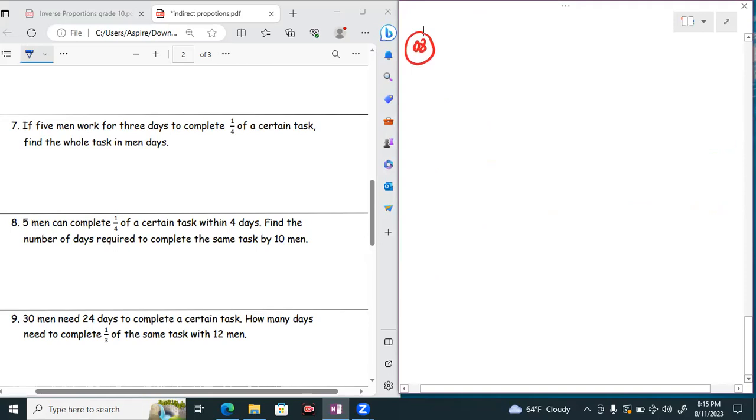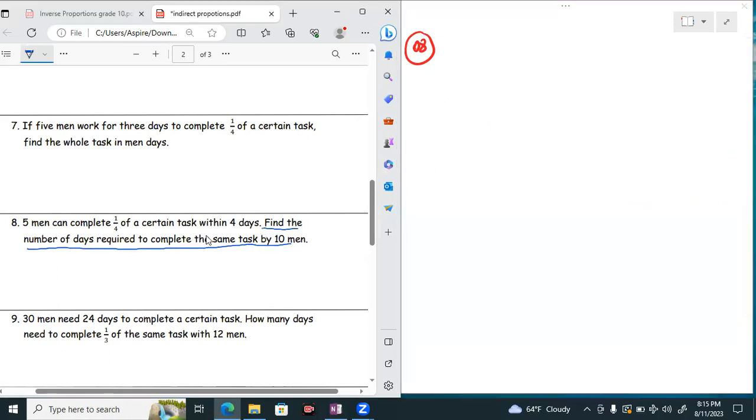5 men can complete 1/4 of a certain task within 4 days. Find the number of days required to complete the same task by 10 men. Here, first of all, you have to find the magnitude of the work.